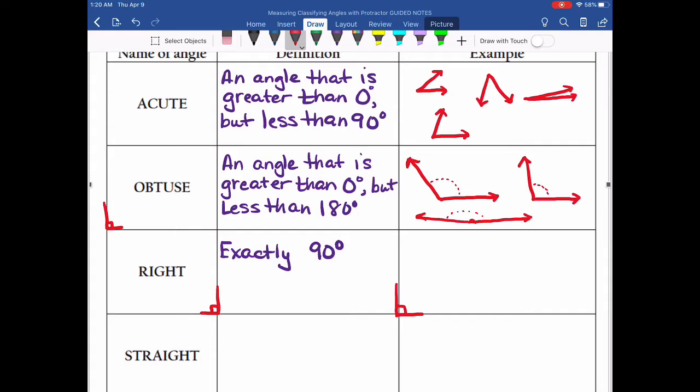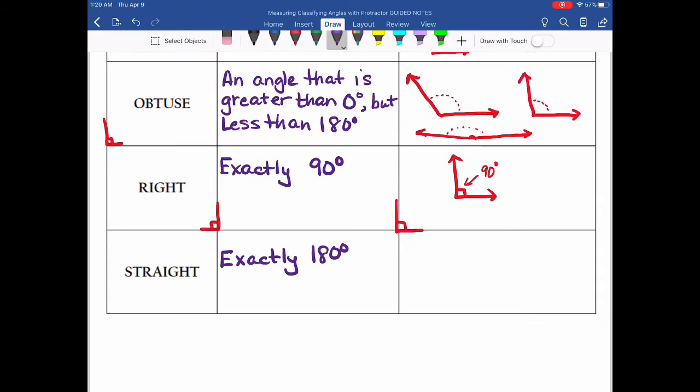But 90-degree angles are exactly 90 degrees, and usually they'll be indicated as such with a square in the corner. You might have a geometry teacher later, especially when you get in high school, that might say, never assume a right angle unless you see that little square, or if you see the number 90 degrees written in there.